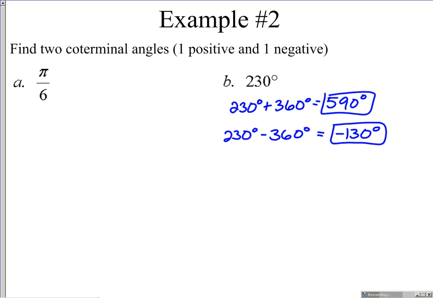Radians, same type of thing, but now we need to understand how many radians are in one complete circle. Instead of 360 degrees, we're talking about 2 pi radians. So I'm taking this, and I'm going to add 2 pi, get a common denominator.